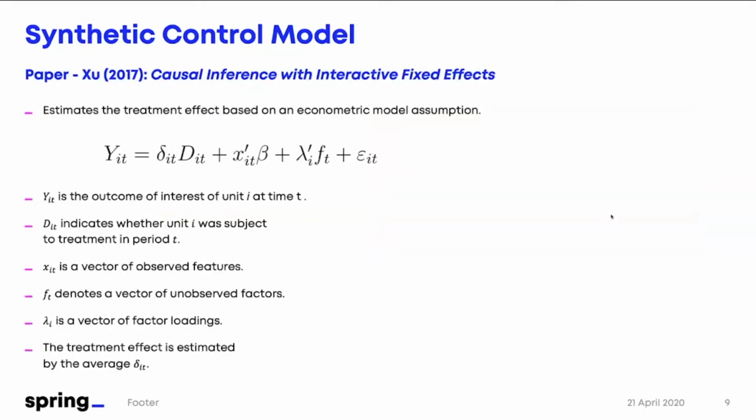So let's go just a bit deeper into how the statistical model works. I won't dive too much into details, also I think it can be a bit boring, let's say, but I want to focus on two factors that I think are really important to understand how synthetic control works.